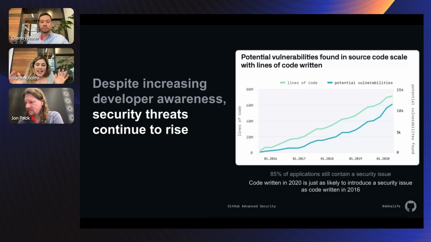So despite everybody being a lot more aware about secrets and vulnerability management and being a lot more aware of recent security exploits that were happening, the lines of code and the lines of security threats associated to that code are increasing at the same rate.